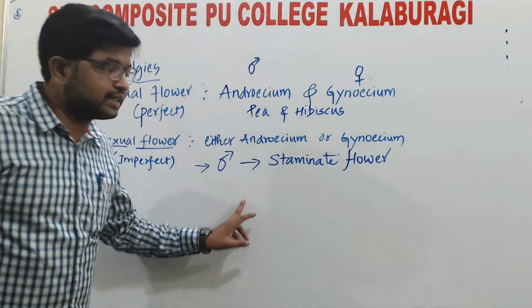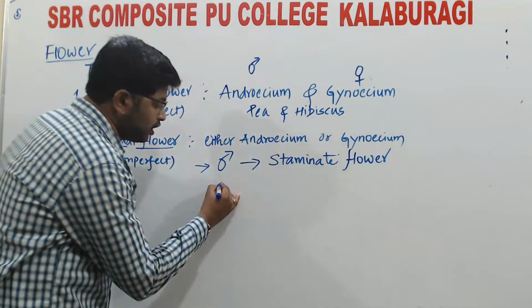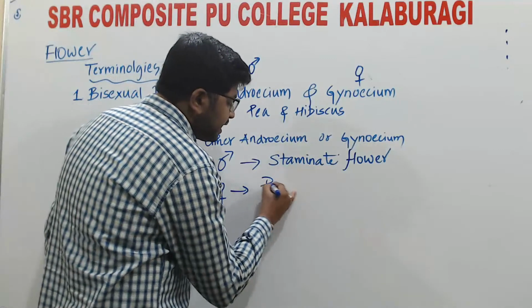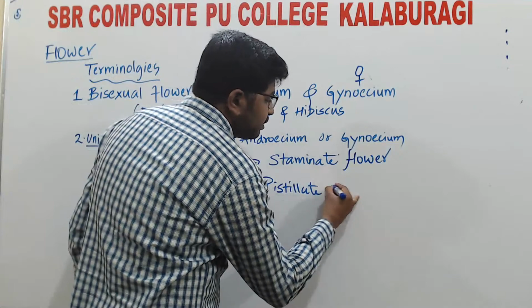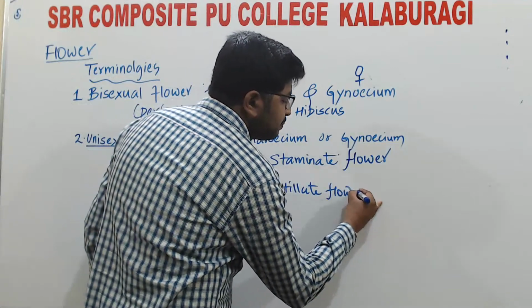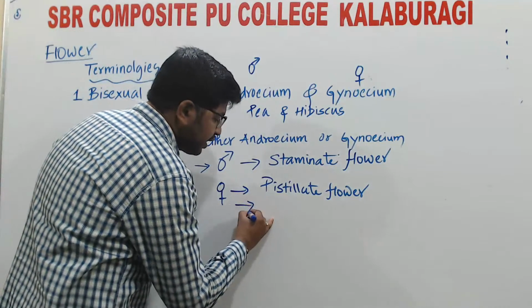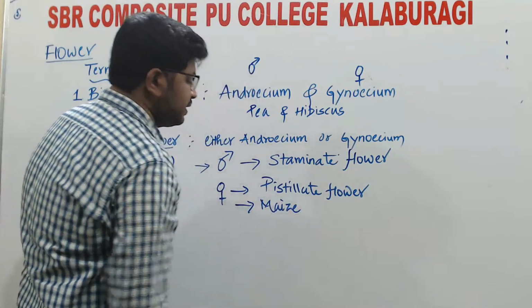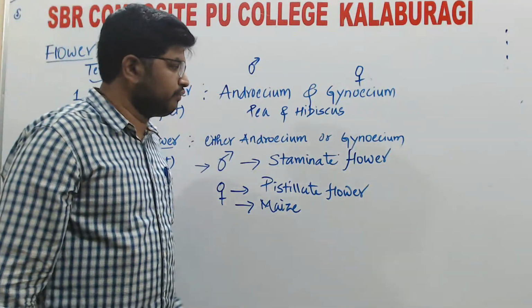Now, when a flower is having only gynoecium but not androecium, such a flower we call a pistillate flower. What is the example for unisexual flower? You can consider maize.